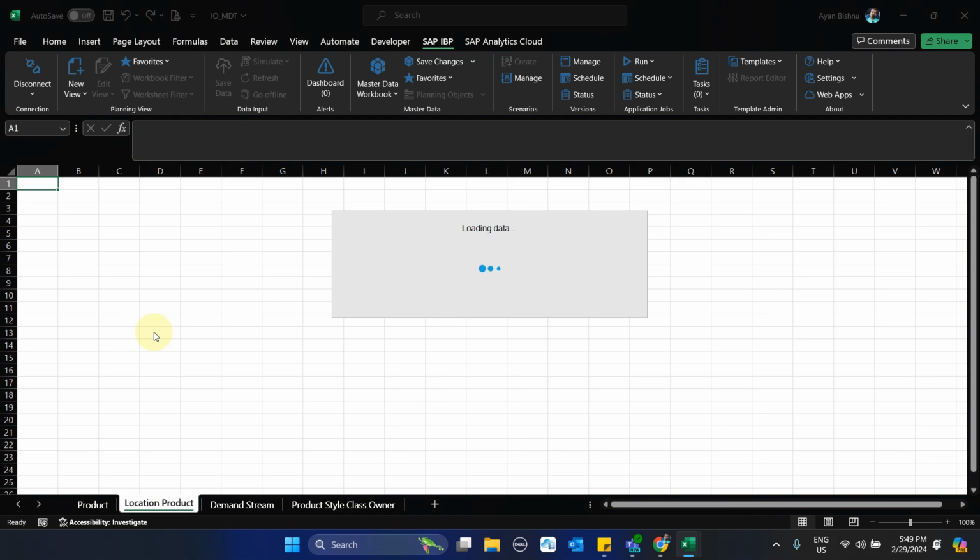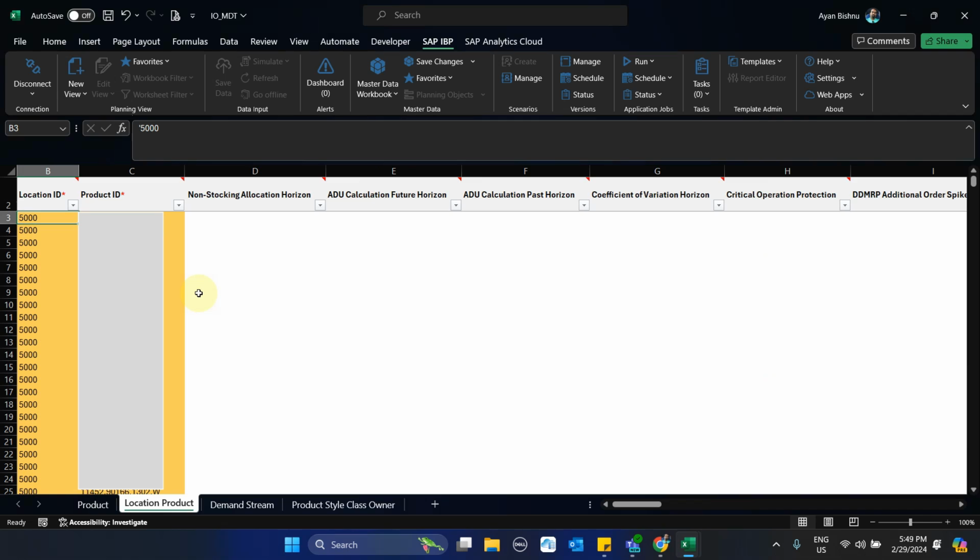In location product, there are multiple fields or attributes available and each of them has its own relevance. Some are useful for supply planning, whereas some are used for inventory optimization, and some can be utilized for DDMRP, and some can be utilized for all the three modules like demand, supply, and inventory optimization.